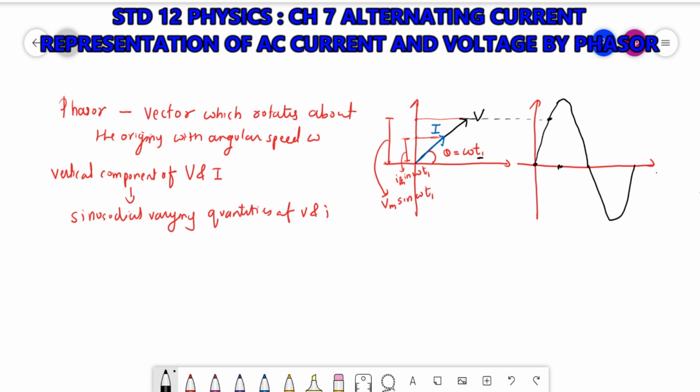At 3 pi by 2, it is again maximum but the polarity is opposite, so it is minus Vm. This is the maximum voltage Vm.